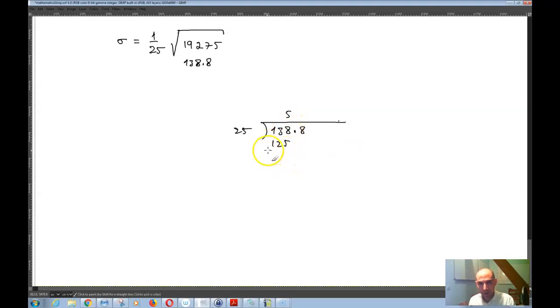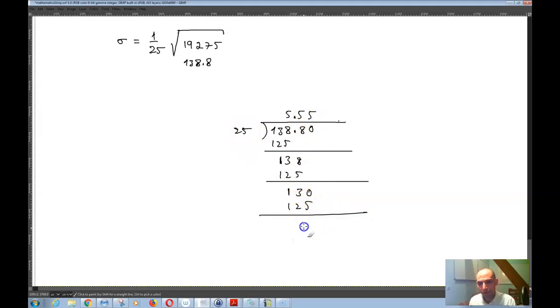So that's a 3, 1, decimal point. 5 times 25 is equal to 125. Sorry, I don't want to be so careless. 3 and 1, and then you can go for another 0 here, and 5 times 25 is 125 again, and you will get some 5 remainder there. So that's 5.55.